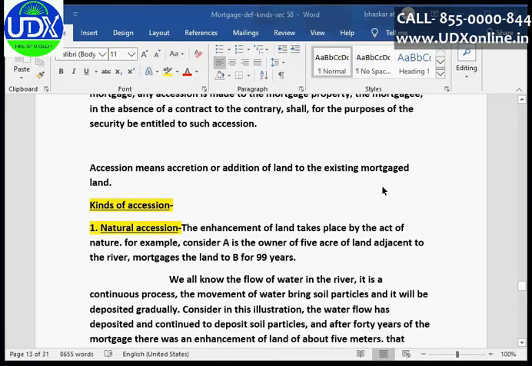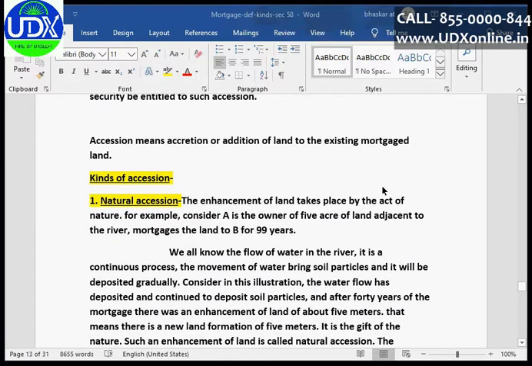What is accession, Levin? Sir, having access in a premises, like you can enter that premises, if I'm not wrong. Mansi? Oh, sorry, sir.